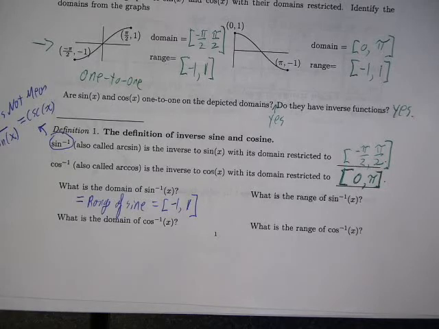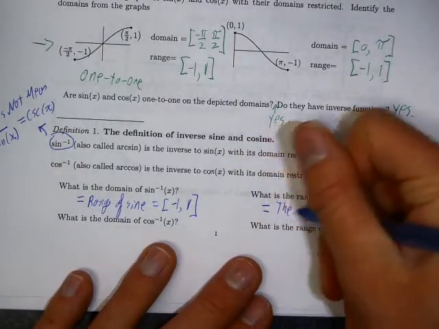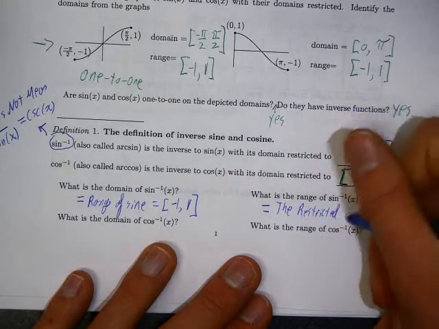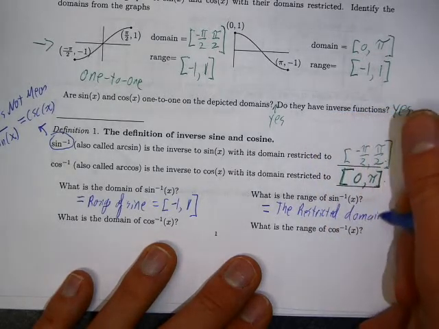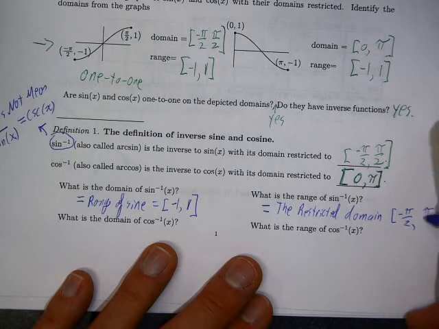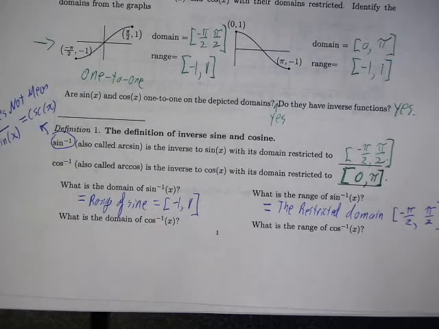What is the range of inverse sine of x? It'll be the domain of sine of x after we restrict the domain. So this is the same as the restricted domain: negative pi over 2 to pi over 2. Same thing for cosine. Start with domain.